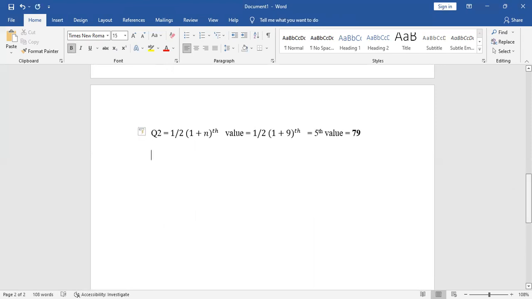And then I'll come to calculate the last quartile, which is Q3. Quartile 3 is given by 3 over 4.